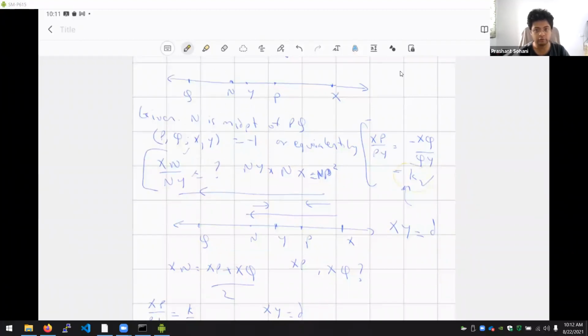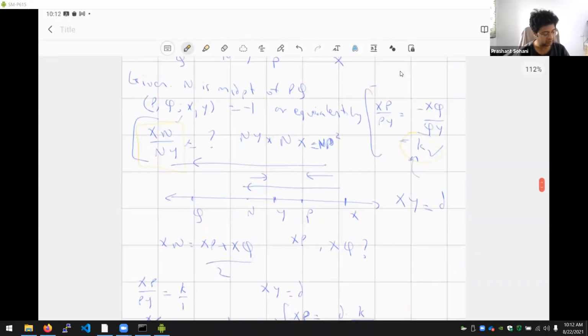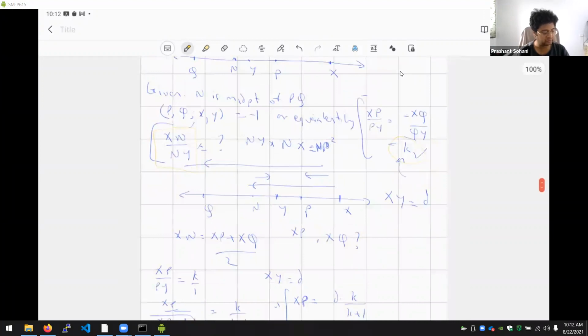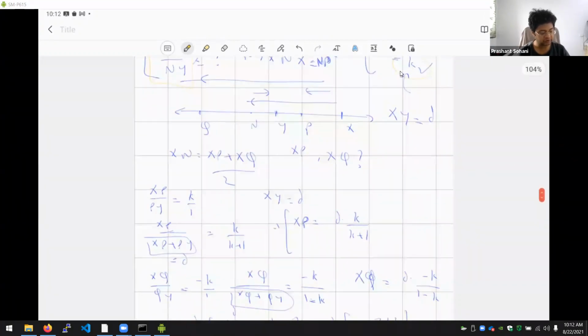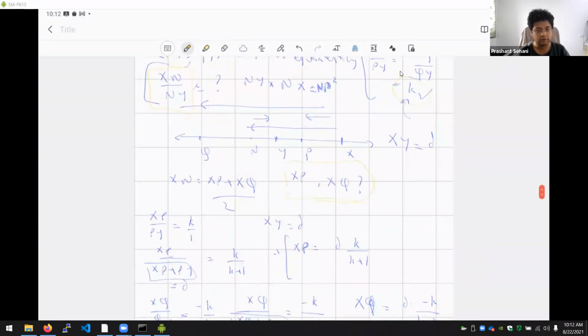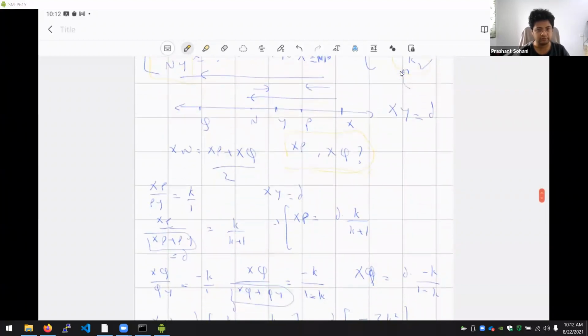So this ratio k we wanted to use, and we wanted to find the value of xn upon ny, because we want to use that in Menelaus's theorem finally. Then that problem simply became a question of computing the distances xn and ny, and you can do that because we can compute the distances xp and yp, and that part is kind of straightforward. This is a typical problem we do all the time.